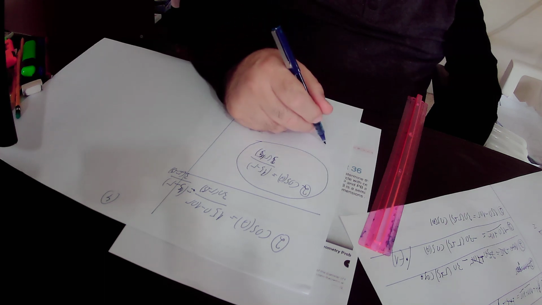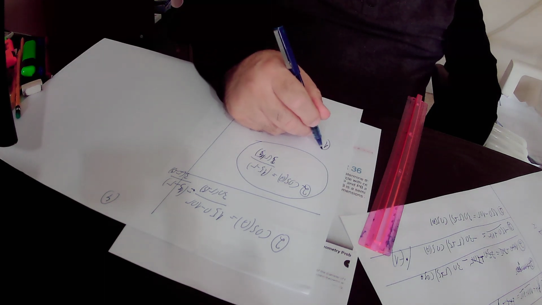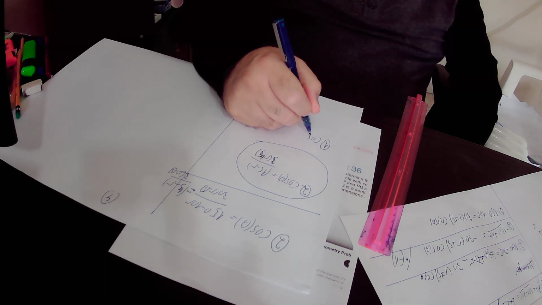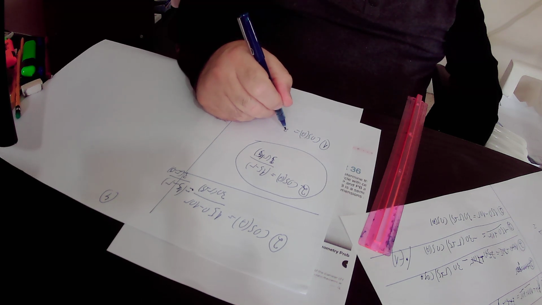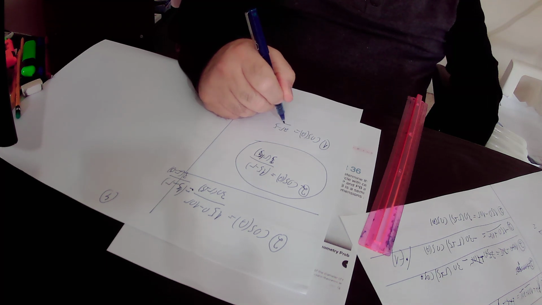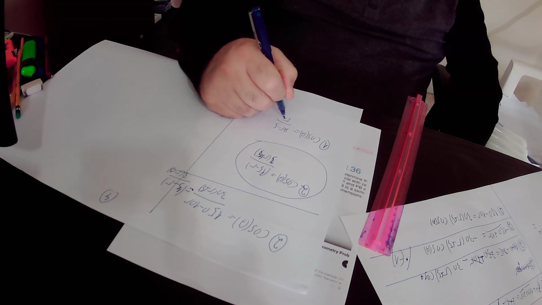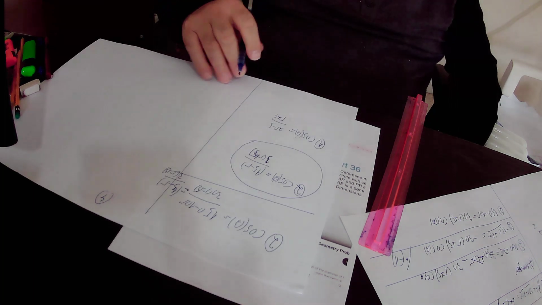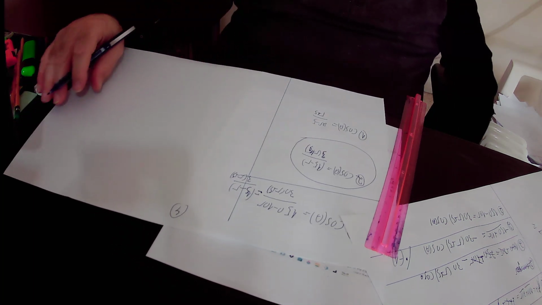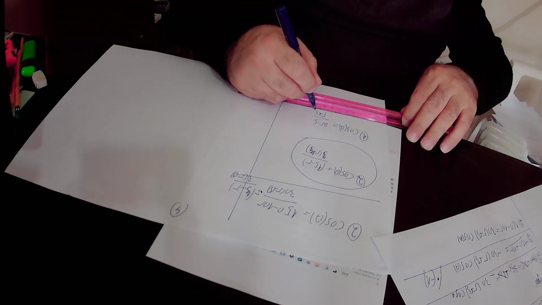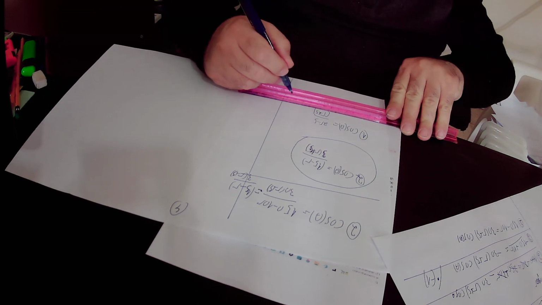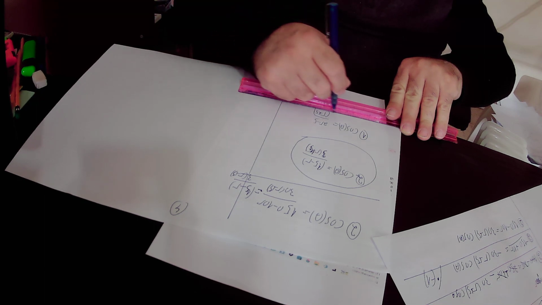But according to equation number 1, we have already found out that cosine theta is equal to 2r minus 5 over r plus 5. So we create equation number 3 that states that cosine theta according to equation number 1 must be equal to cosine theta according to equation number 2.